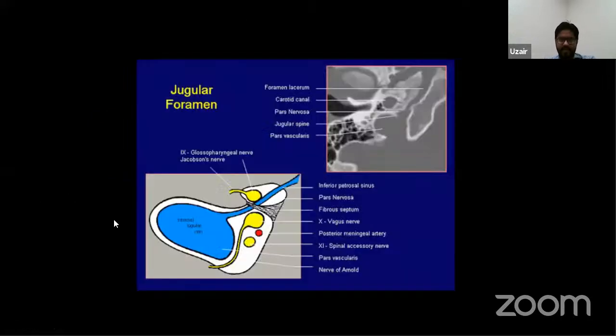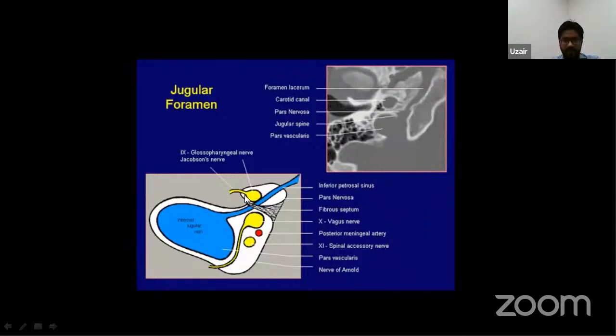So coming to the anatomy of the jugular foramen, here we can appreciate the CT scan view. So this is the foramen lacerum. This is the carotid canal. This region is pars nervosa. This is the jugular spine, and this region is pars vascularis.